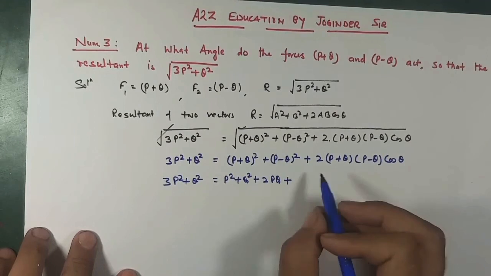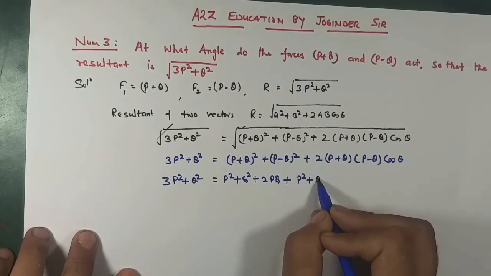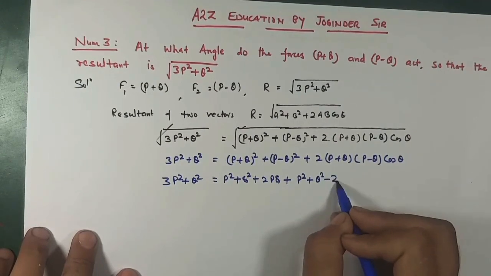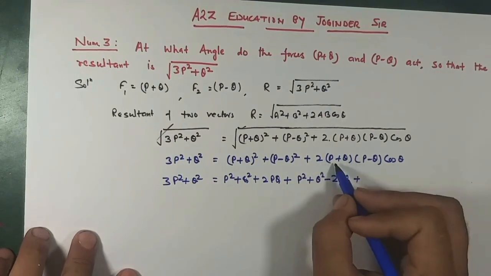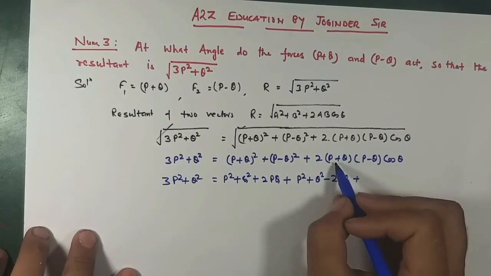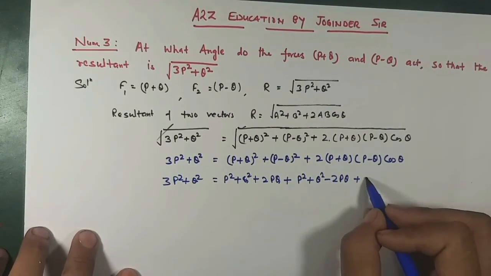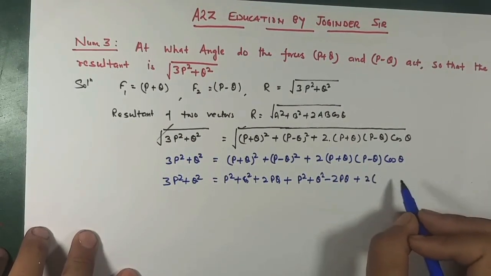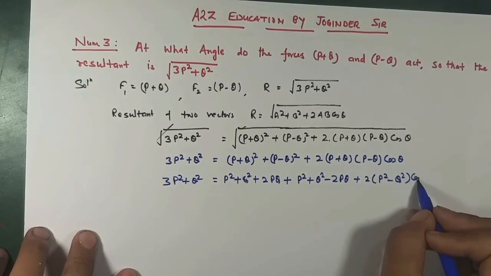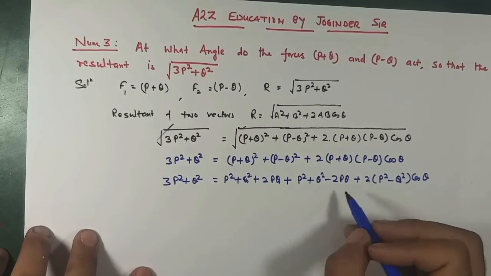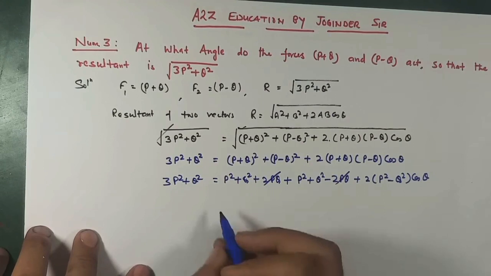Again we can apply the formula here. P square plus Q square minus 2PQ, then plus here again it becomes a formula A plus B into A minus B, means A square minus B square, 2 into P square minus Q square cos of angle theta, right? 2PQ and minus 2PQ are cancelled to each other.